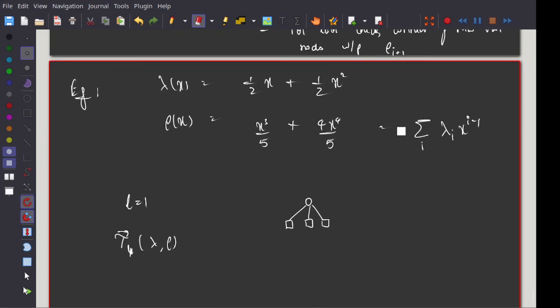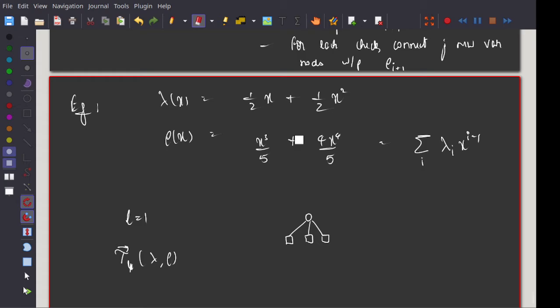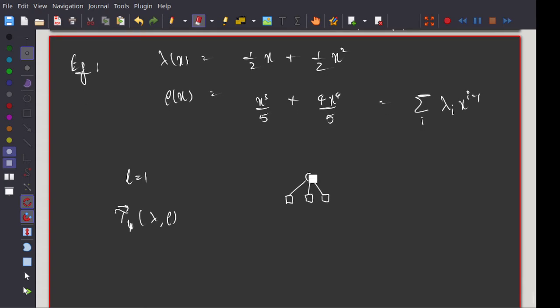So I'm picking 3 neighbors with probability 4 by 5, and 2 neighbors with probability 1 by 5. Suppose I pick 3 neighbors with probability 4 by 5.